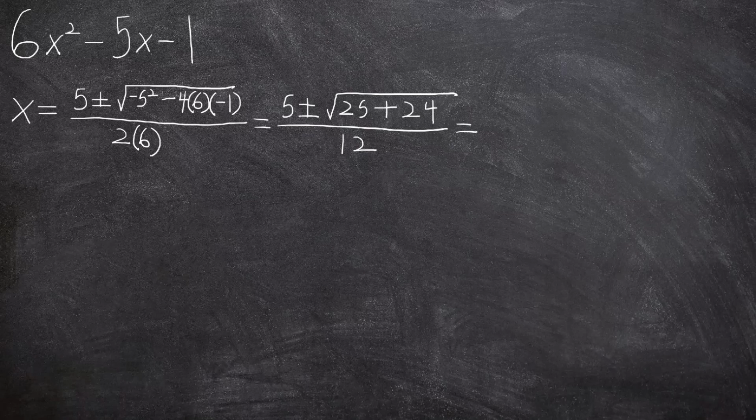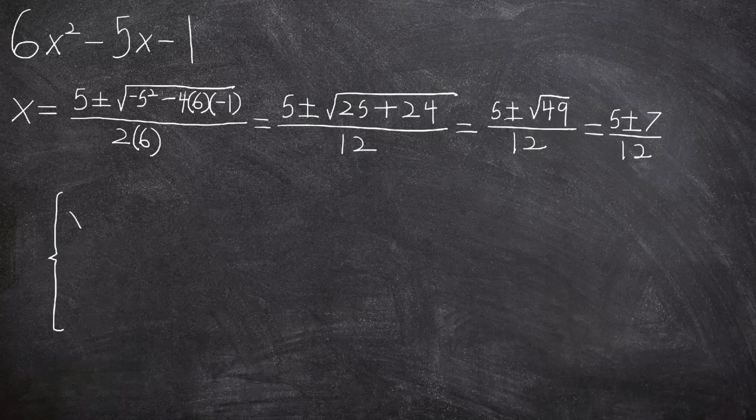This evaluates to 5 plus minus square root of 49 over 12. And square root of 49 evaluates to 7. Okay, so 5 plus minus 7 over 12 is what we'll be working with here.